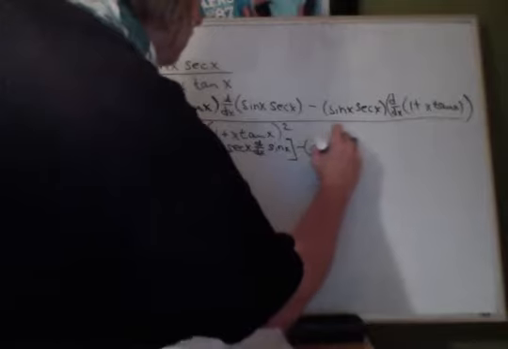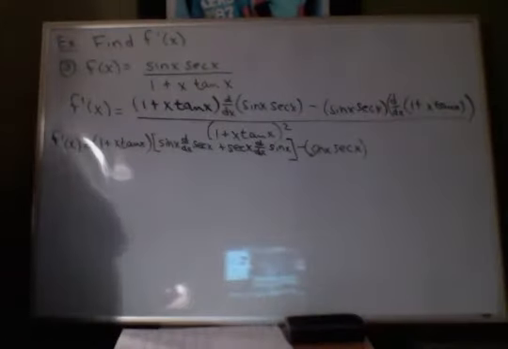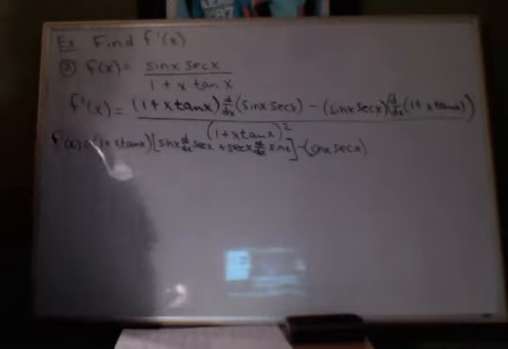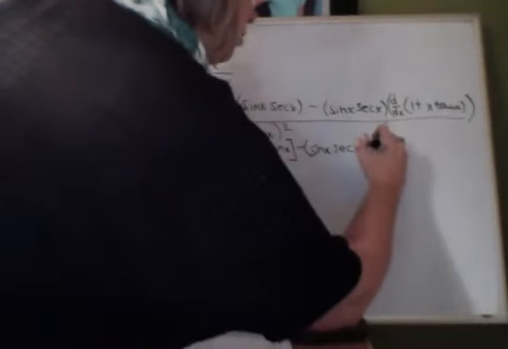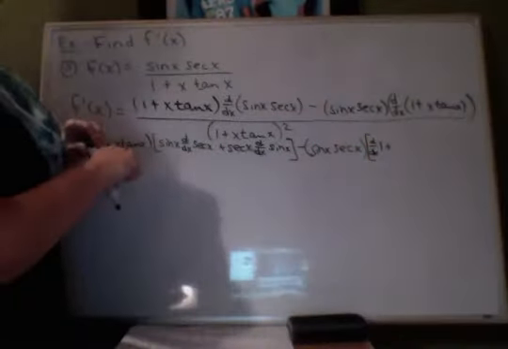sine x secant x, and then we need the derivative of this other one, and this one's going to require the derivative of 1, and then also another product rule. So d dx of 1 plus, and then a product rule for x times tangent x.